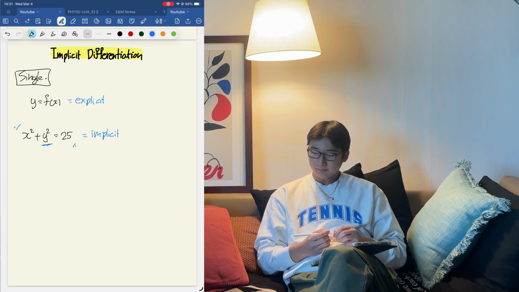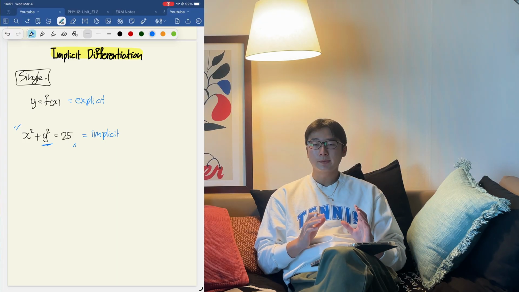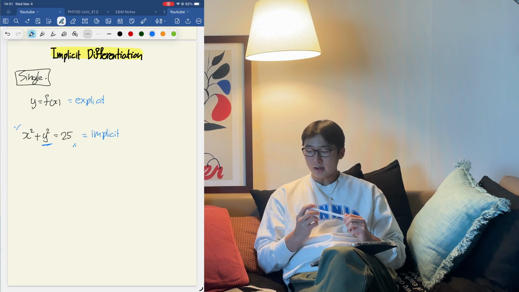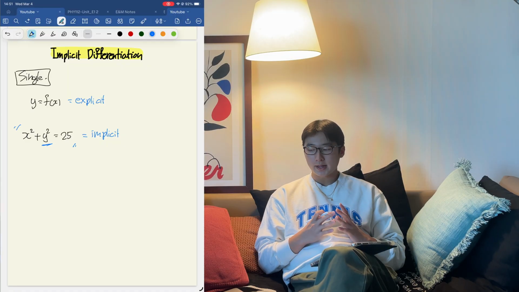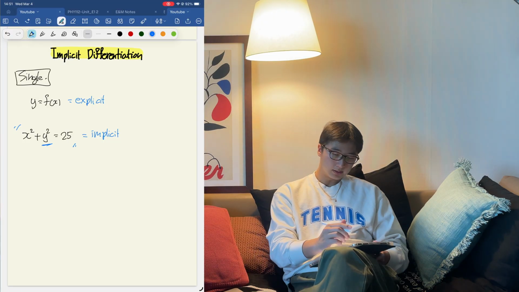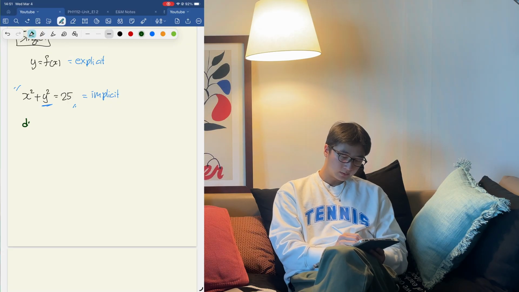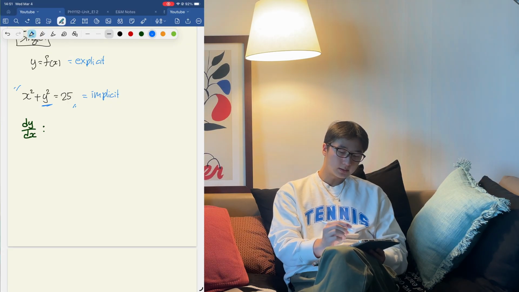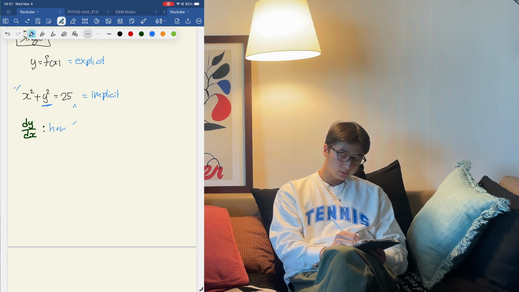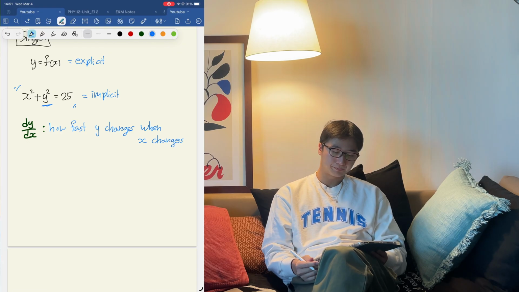So implicit differentiation is just a method that we use to find the derivative of y with respect to x when y is not written as a function of x and when the equation mixes x and y together. We want to find dy/dx, and this measures how fast y changes when x changes.